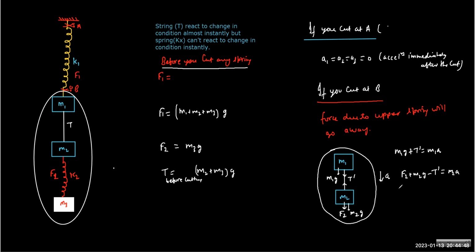And therefore you can see clearly, if you add both the equations, F2 is actually M3G, right? It is actually (M1 plus M2 plus M3)G equals, on the right side, (M1 plus M2) into the new acceleration that they will have.